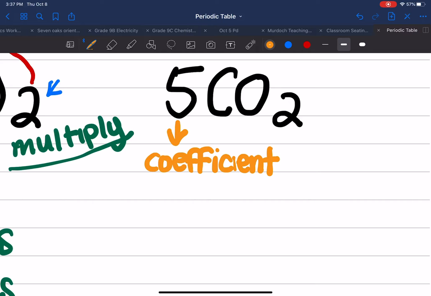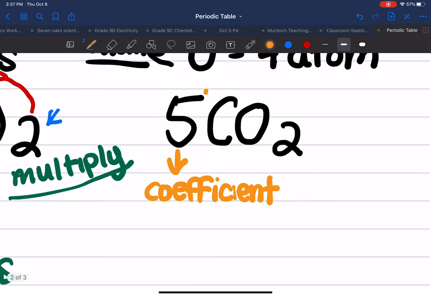Coefficients will also be multiplying throughout the entire molecule, okay? And if there's already a little number right here for oxygen, as we can see, we're going to be taking that 5 and multiplying it to the subscript, okay?